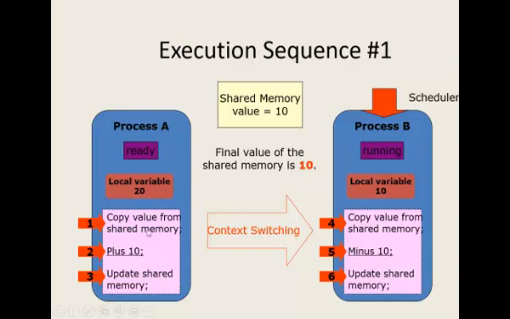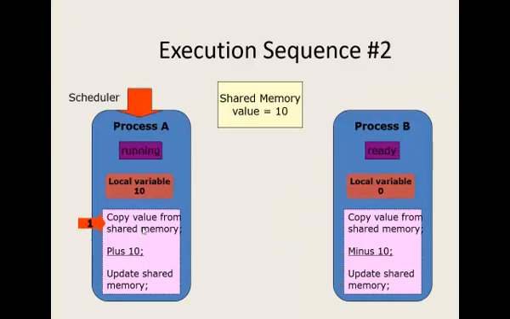Those are the code segments or instructions that belong to the critical region. Remember, it's very important to understand what the critical region is. The critical region should include copying the shared variable and doing the operations on it until the shared variable is updated. That is the first sequence of execution.